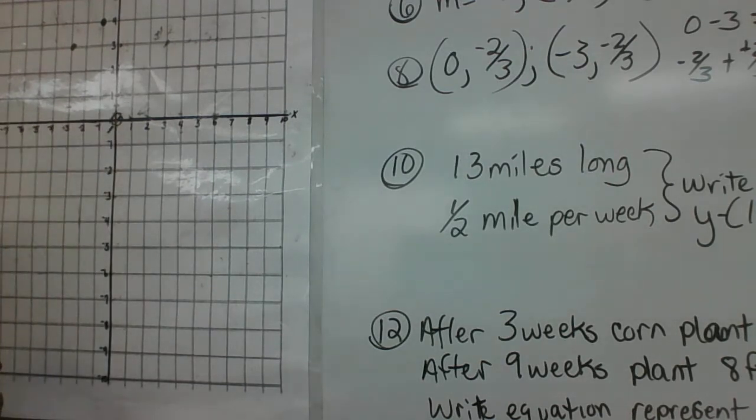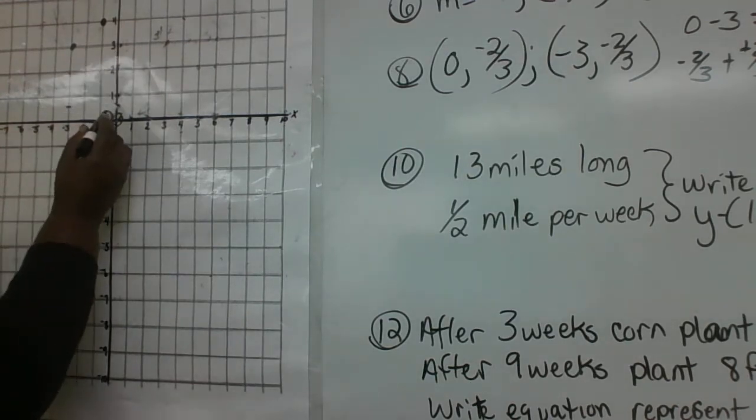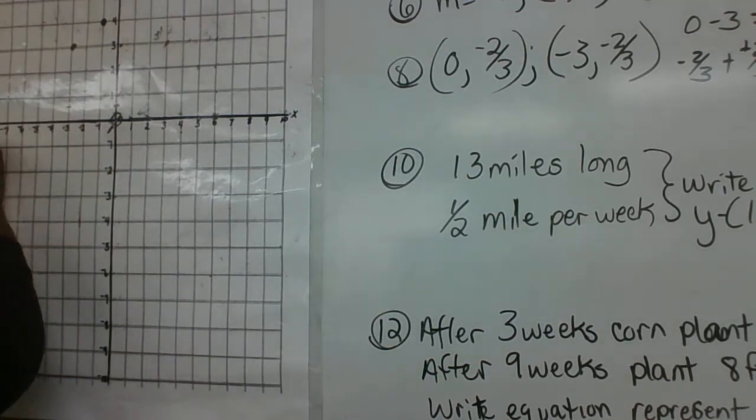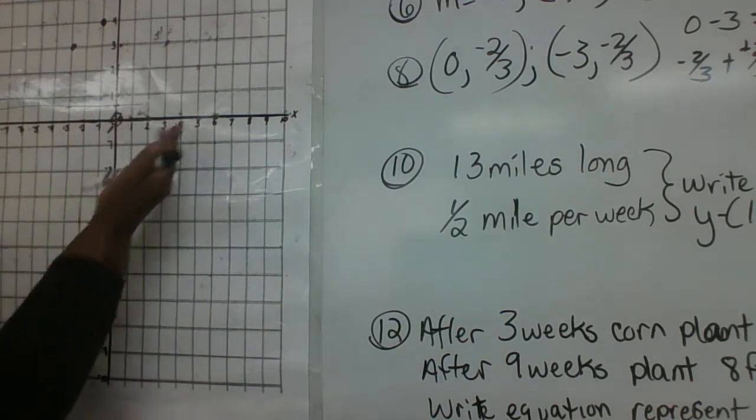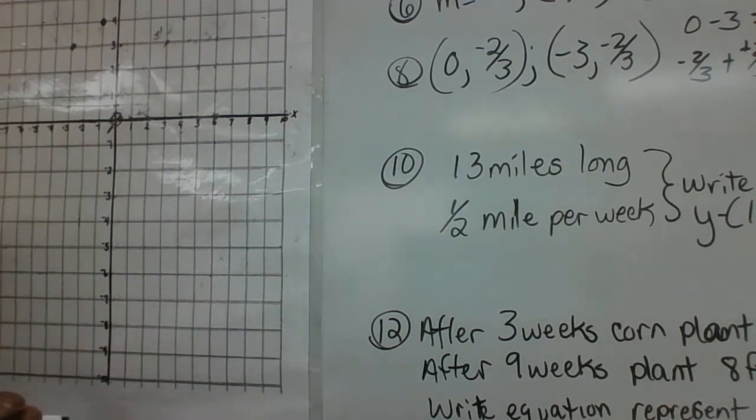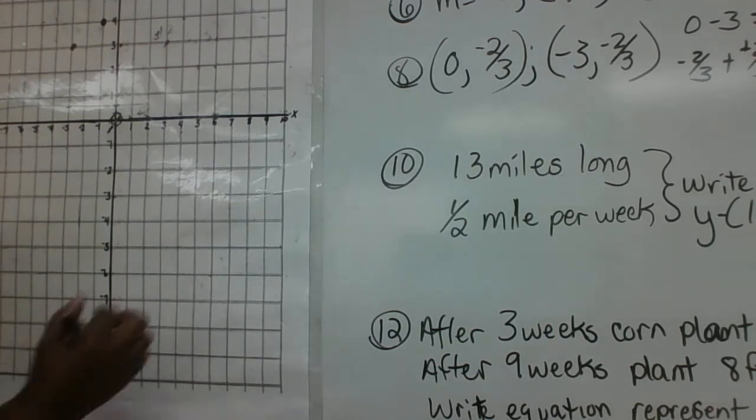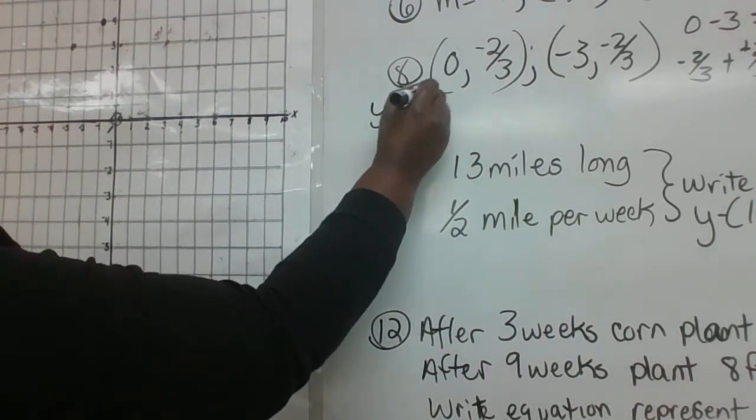What we discover here is that y is 2/3. That's a 2/3 line when we draw a line, no matter what x is. So in essence, what we have here is y is equal to 2/3.